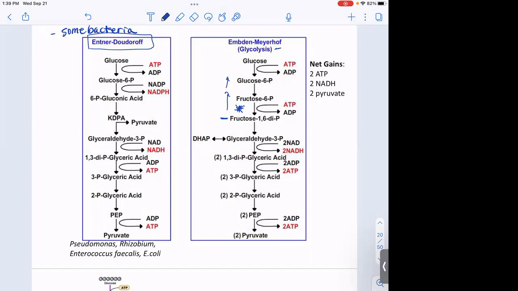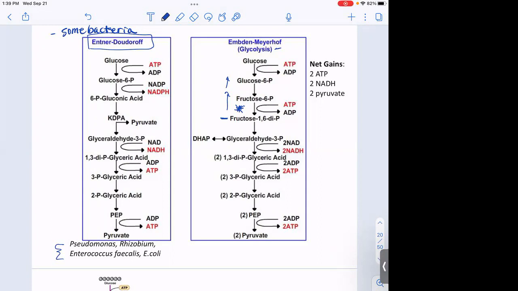That's not strictly true. I gave an example of some organisms down here. Don't memorize those. That's not a complete list. We know that E. coli will do the Entner-Doudoroff pathway under certain conditions if we grow it on a certain media. But it appears that other organisms don't have any choice, and they have to do that just because they're missing this enzyme.